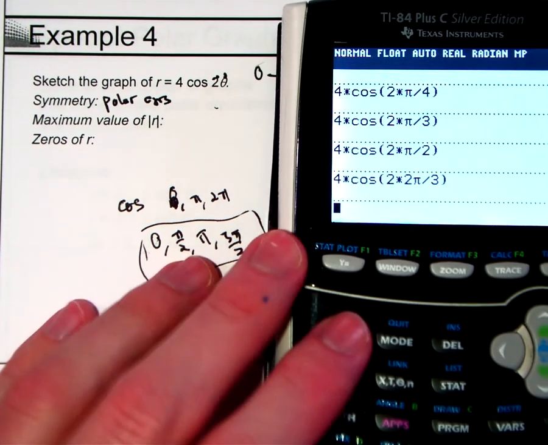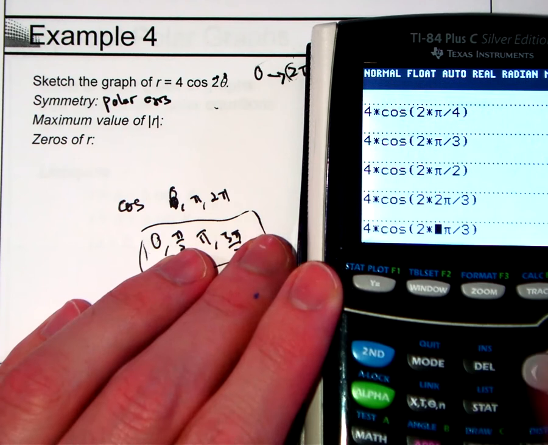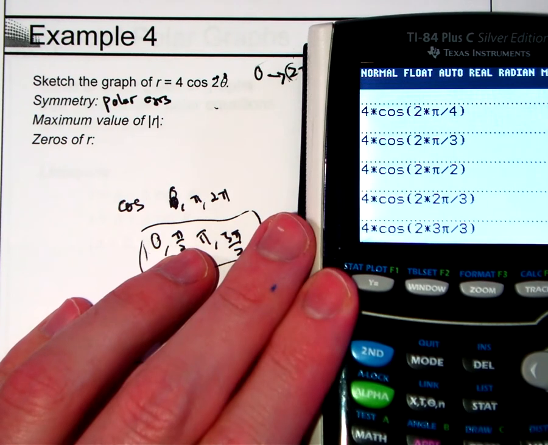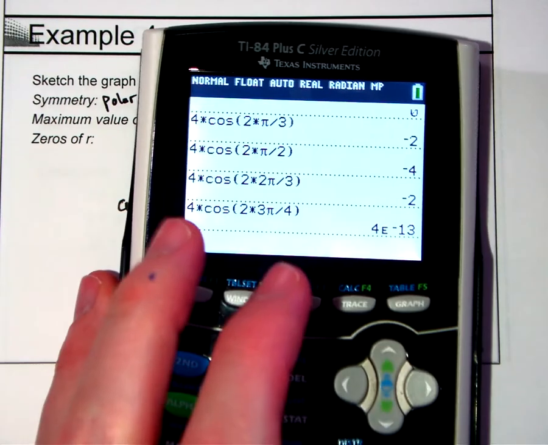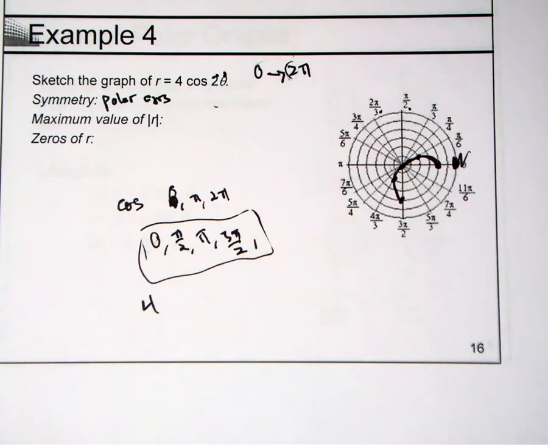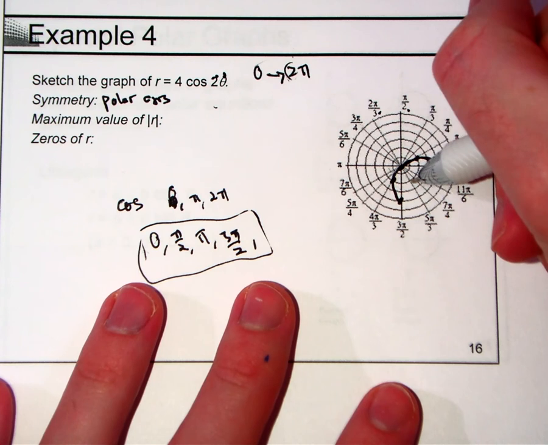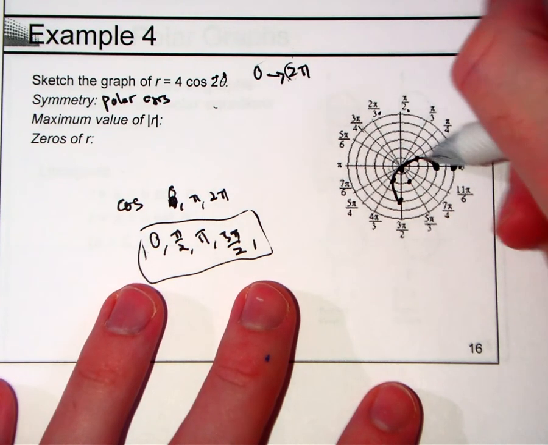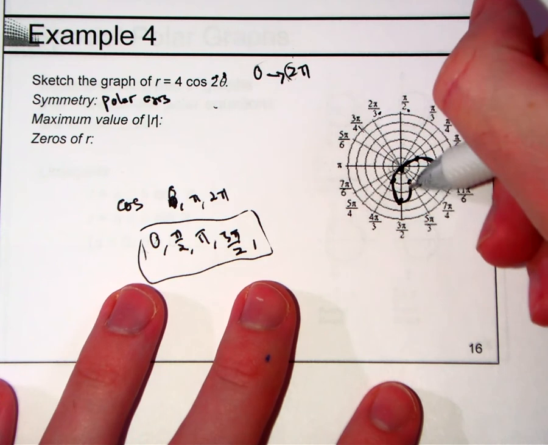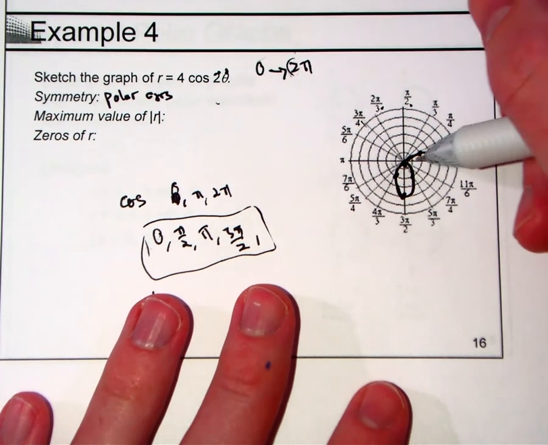Negative 2. And then what's the next one going to be? 3 pi over 4. Basically 0. Okay, so if I do this, I got negative 2, 1, 2. And if I do this one, I get another 0.